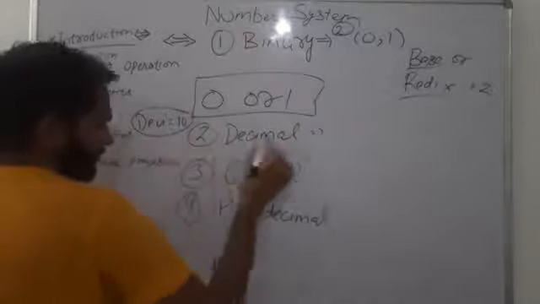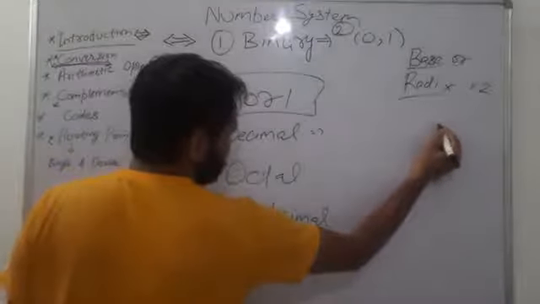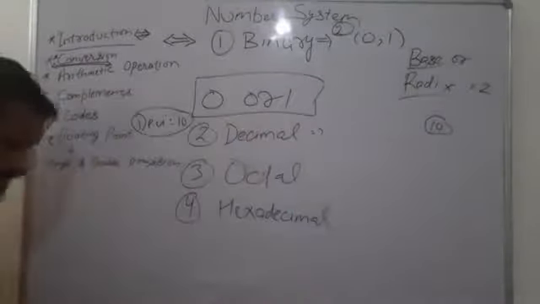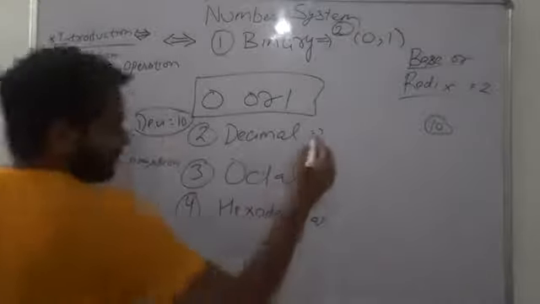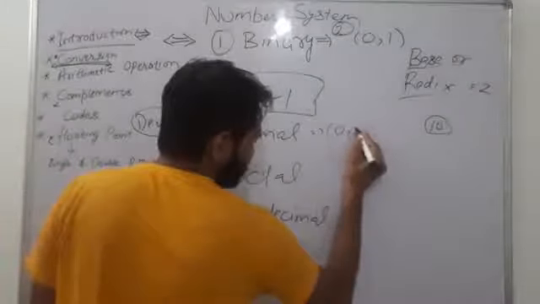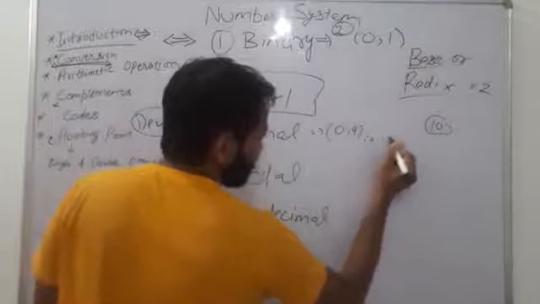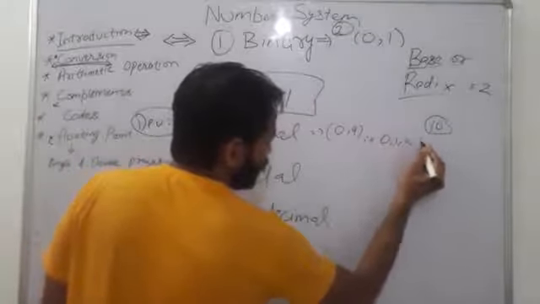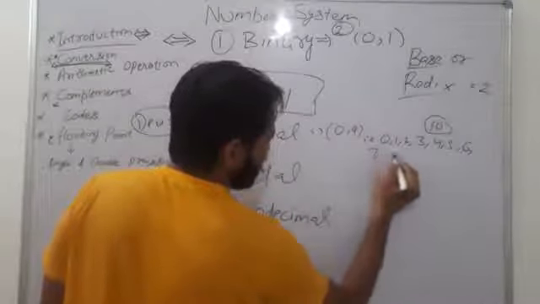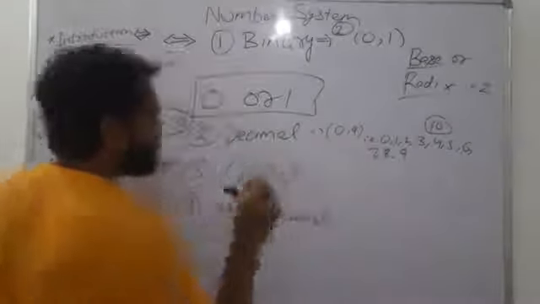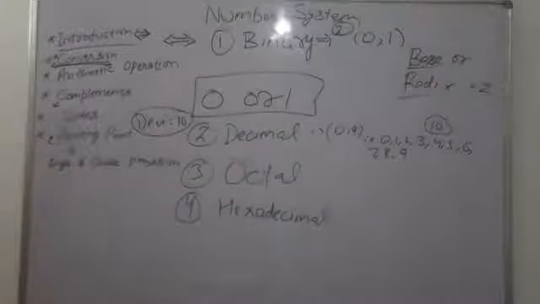So here the base of the decimal number system is 10, or you can say that in the decimal number system only 10 digits are allowed, ranging from 0 to 9: 0, 1, 2, 3, 4, 5, 6, 7, 8, and 9. These 10 are the allowed digits in the decimal number system.